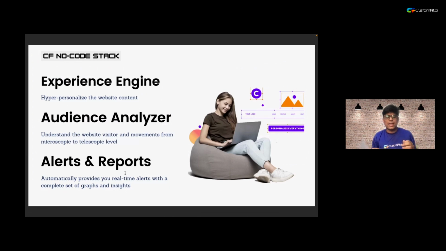So that's where CustomFit comes in and helps you understand what is happening on the website, how people are walking through the website, where they are seeing friction, where they are bouncing off, from various different angles. For example, CustomFit can tell you that 1,000 people from a startup background landed onto your site, but only 10 got converted. Now there are two things here.